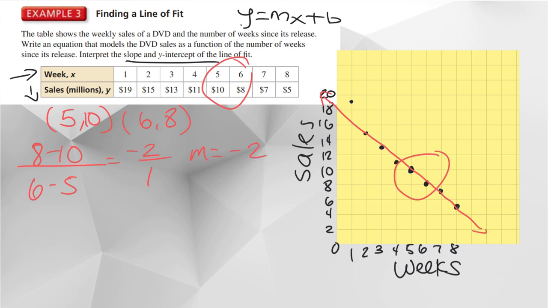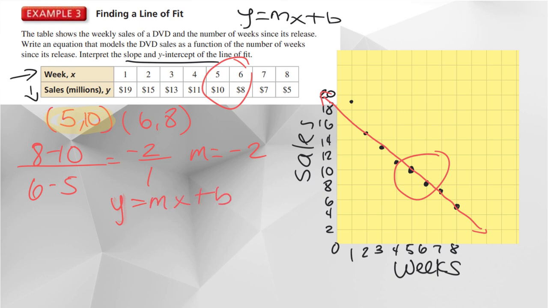Can I do the same thing we did in 4.3, where we found our y-intercept by plugging in? We're given 1 point. Which point am I going to use? I'm going to use (5, 10). You could use any as long as it passed through the line, okay? In this case, it passed through (5, 10). So remember, y equals mx plus b.